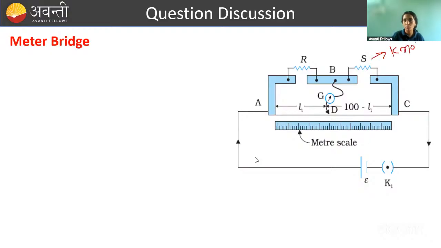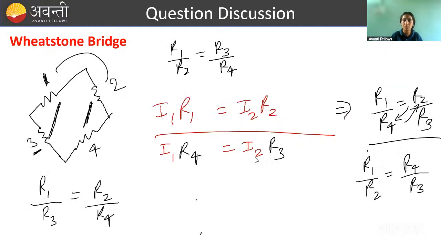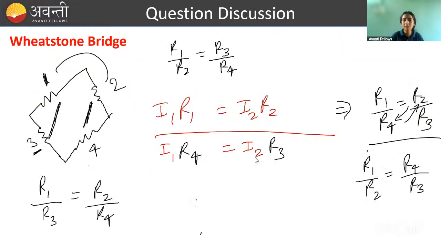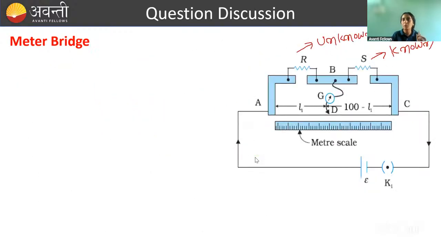So this is your known and this is your unknown. In the balanced Wheatstone bridge that we studied before, we required 3 known resistors to calculate 1 unknown resistor, right? In the meter bridge, we only require 1 known resistor to calculate the unknown resistance.